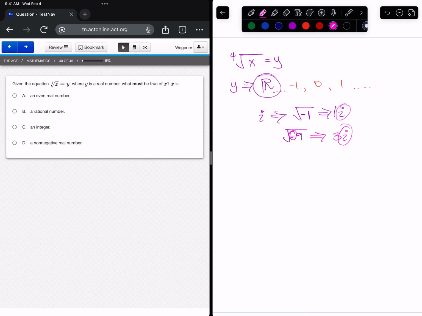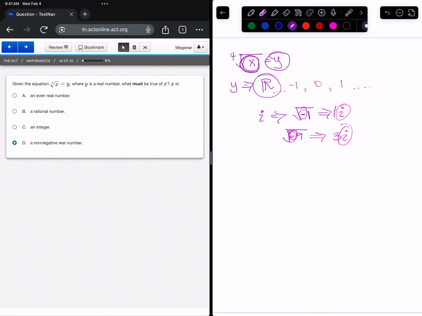So the question here is asking why is a real number, okay? If it's a real number, then that means that whatever x is cannot be negative. What must be true of x? Well, the only answer here would be D, because if y is a real number, then it cannot be a negative inside that radical.